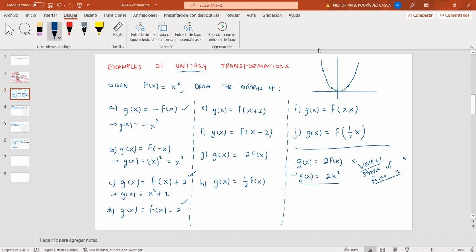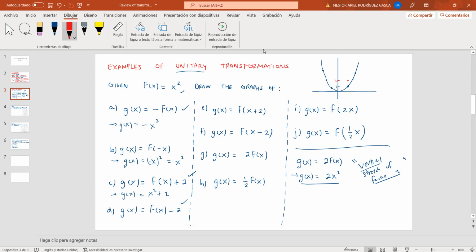So for example, if the y coordinate of this point is, let's say, 1, then this point is going to be transformed into this other point. The x coordinate will remain the same, but the y coordinate will go to 2.